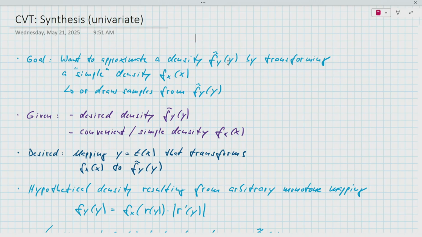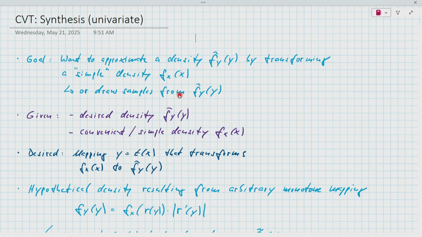Then perhaps we just want to evaluate Fy, but this is complicated to evaluate because we only have samples, or it's just such a complicated density. Then we also want to perform this mapping, because with this formulation that I showed you, I can find an analytic expression. It's implicit, because we have this mapping inside, but still I can do an evaluation of the density. And as I said, drawing samples is one important aspect of it.